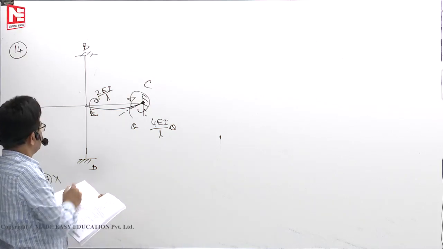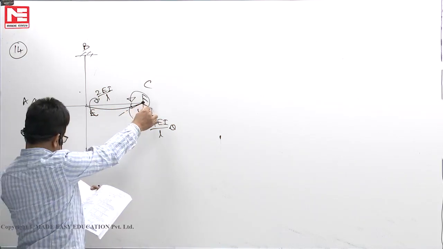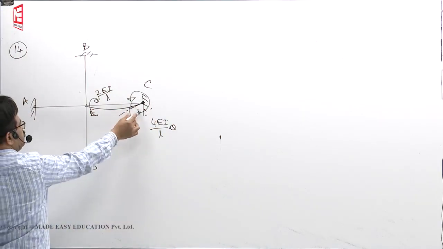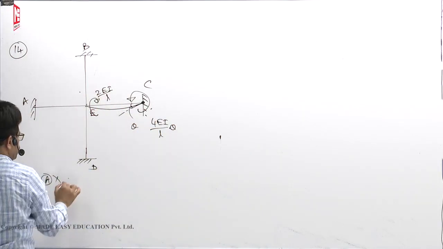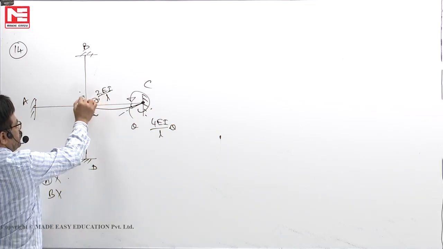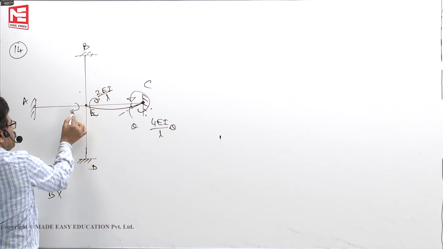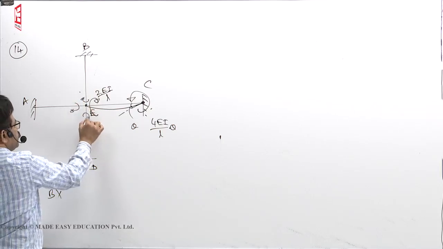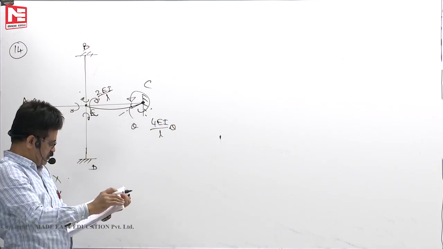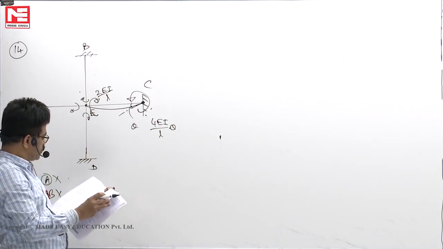Except at C, there is no moment on the members of the frame. B is also wrong, because this 2EI by L is distributed to all members in the ratio of their distribution factors. So the second statement is wrong.